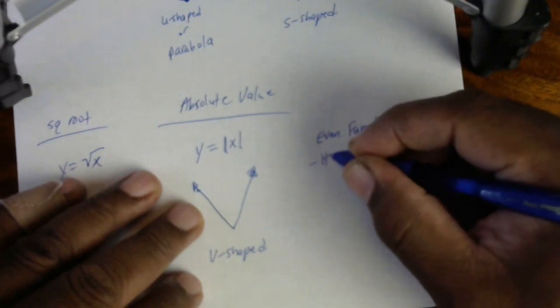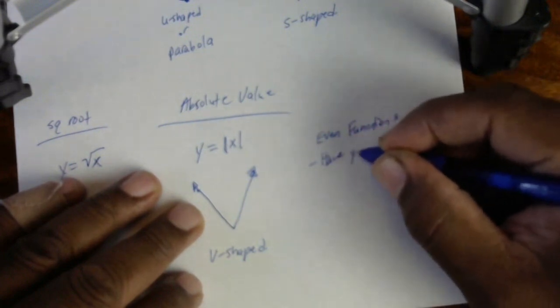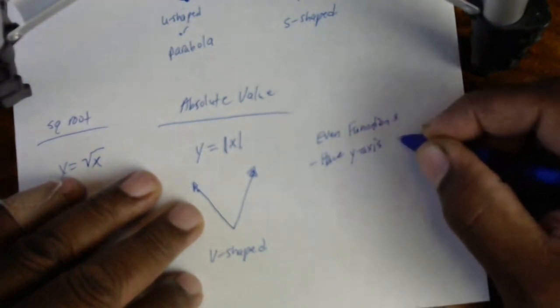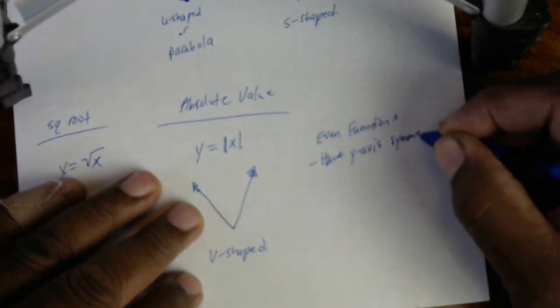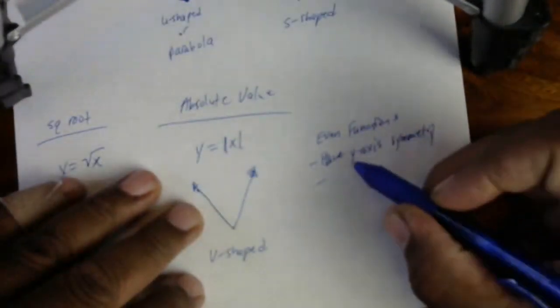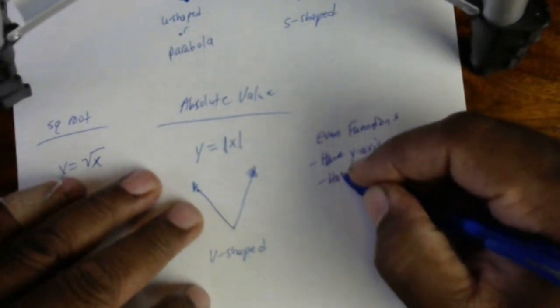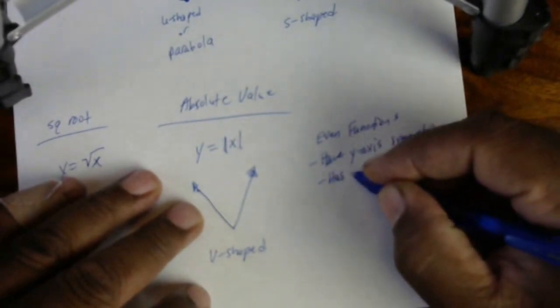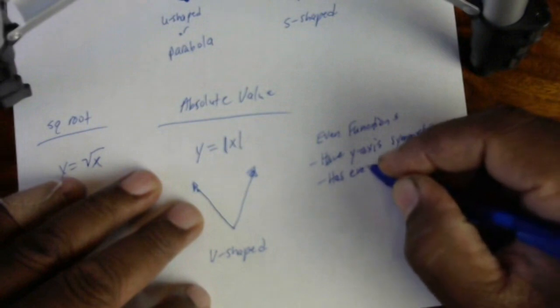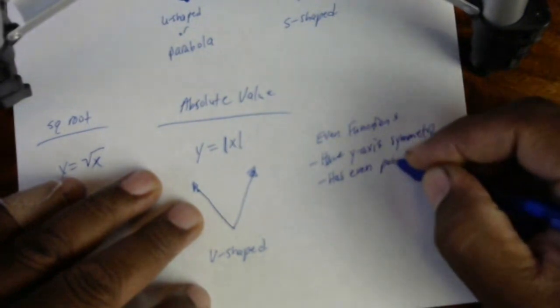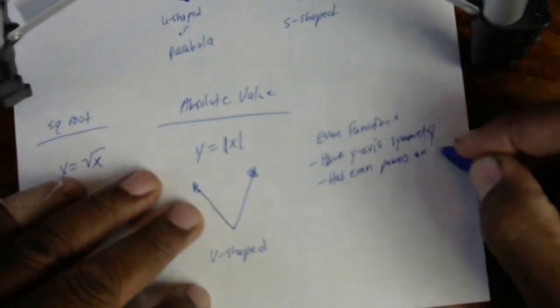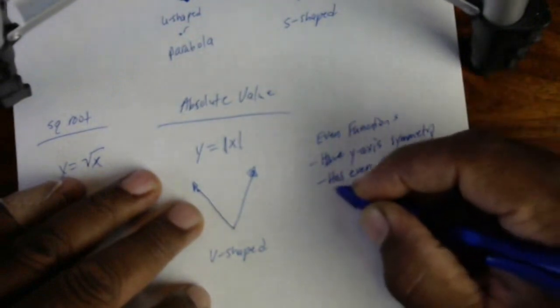Even functions have y-axis symmetry, and an even function has even powers on the variables.